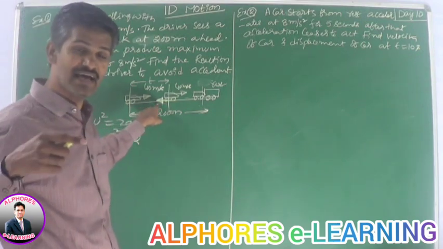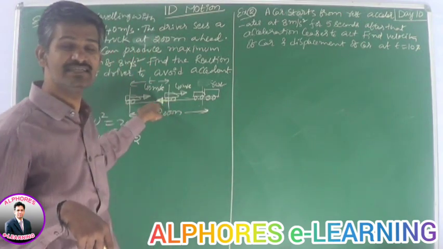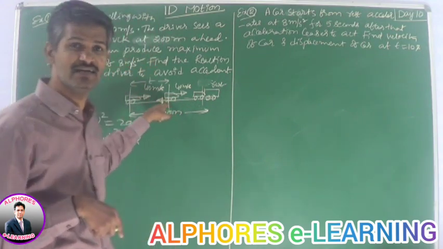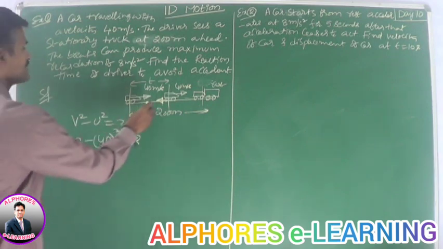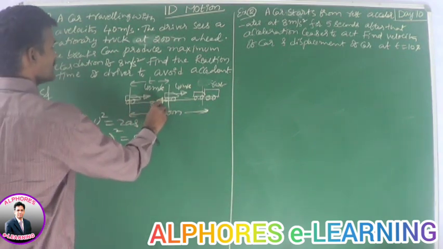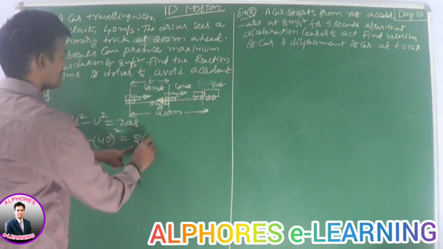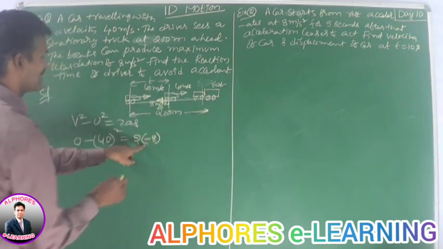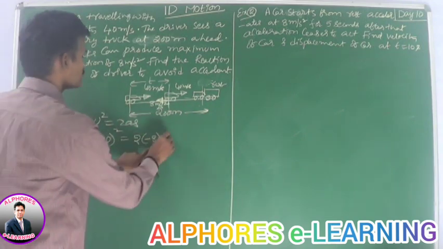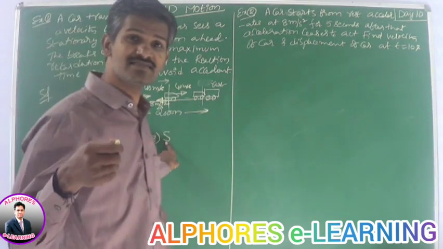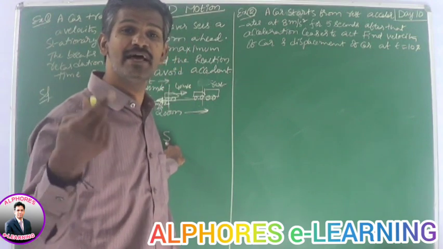If acceleration is opposite to velocity, then that acceleration is known as retardation. We already discussed that one. So this is 8 meters per second squared, which is opposite to velocity. That's why I am substituting this as minus 8 into s. This is the distance traveled by the car after applying the brakes.